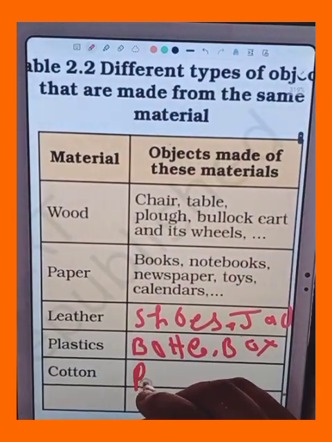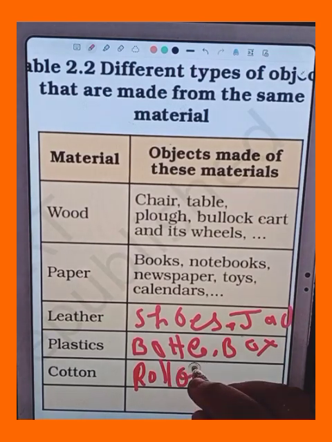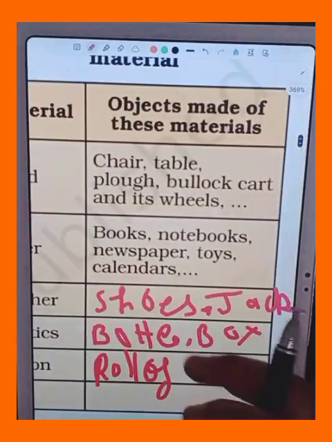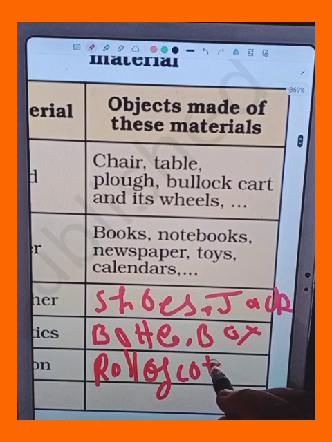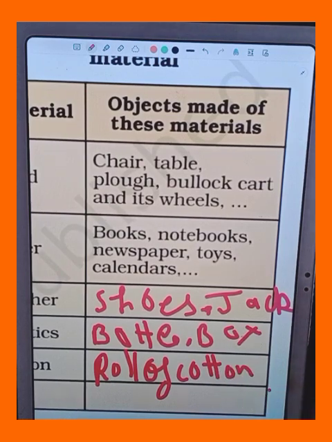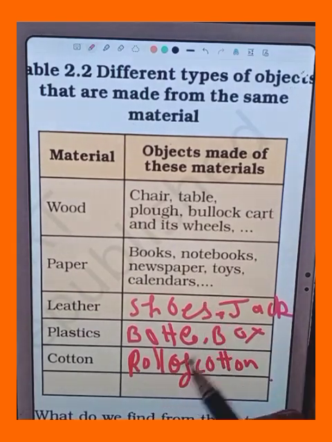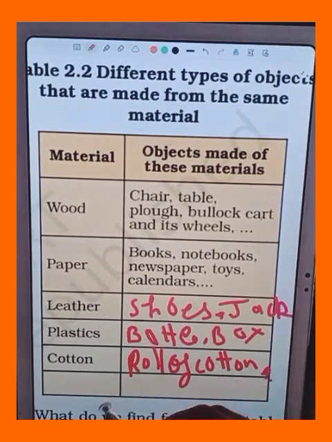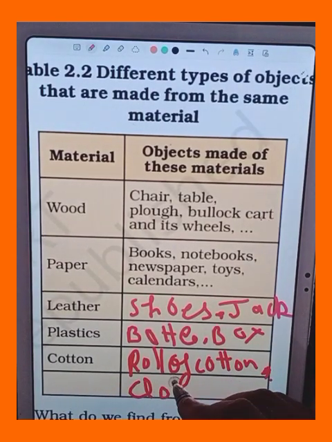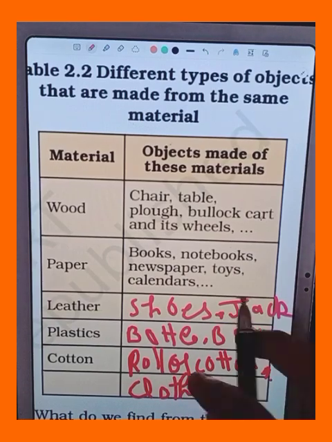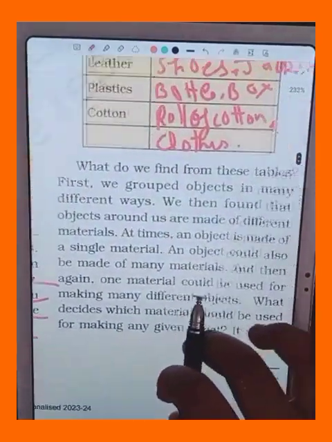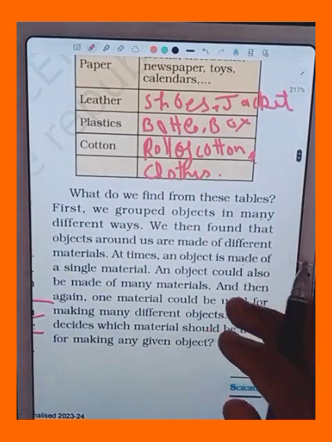We will write a roll of cotton, which comes in the market. Or we can write clothes. Yes. So here, what do we find from these tables?